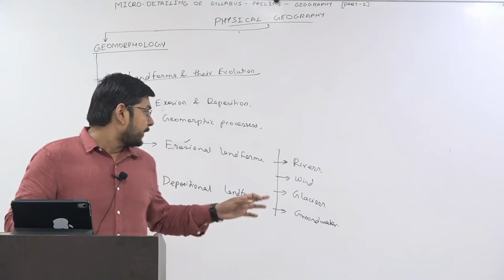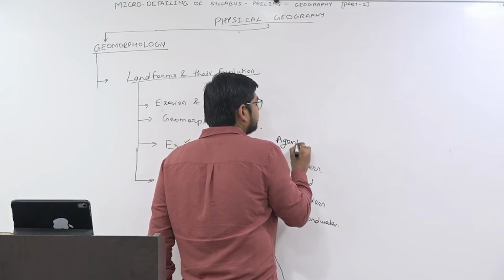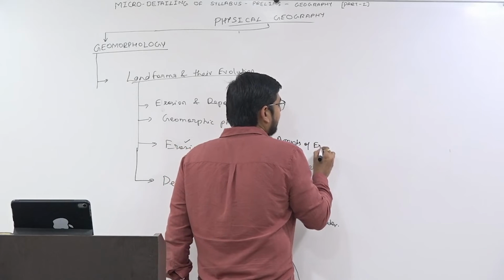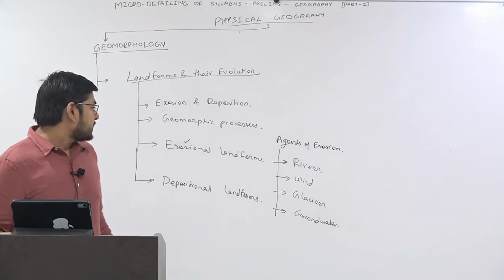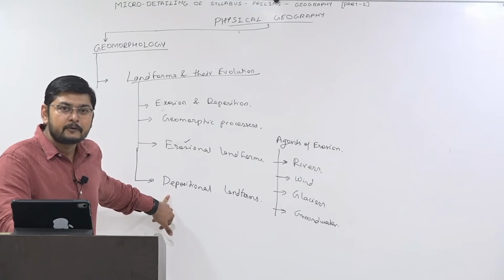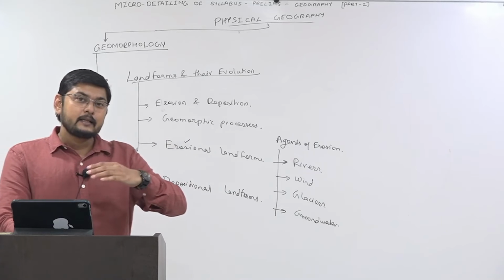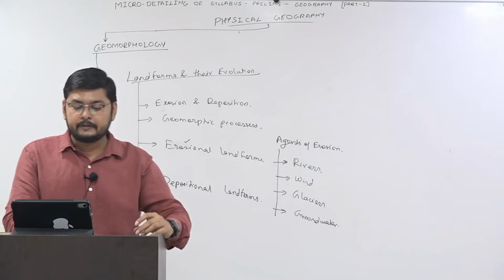All these things are also called agents of erosion, which cause the erosion of a landform, and also cause deposition, changing the characteristics of the landforms and also their evolution.